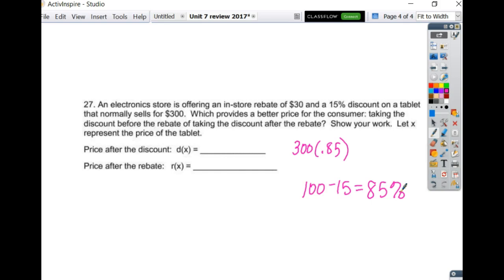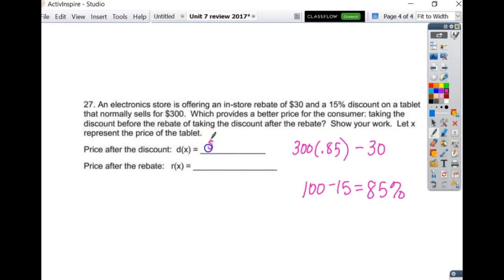Like 5, 6, 7, 8, up 2, 3, minus 15. Would that help? All right. Okay, so it's 85%, right? We got 85%. So I'm going to take 300 times 0.85. And what do you get? And then we have to subtract off the rebate.